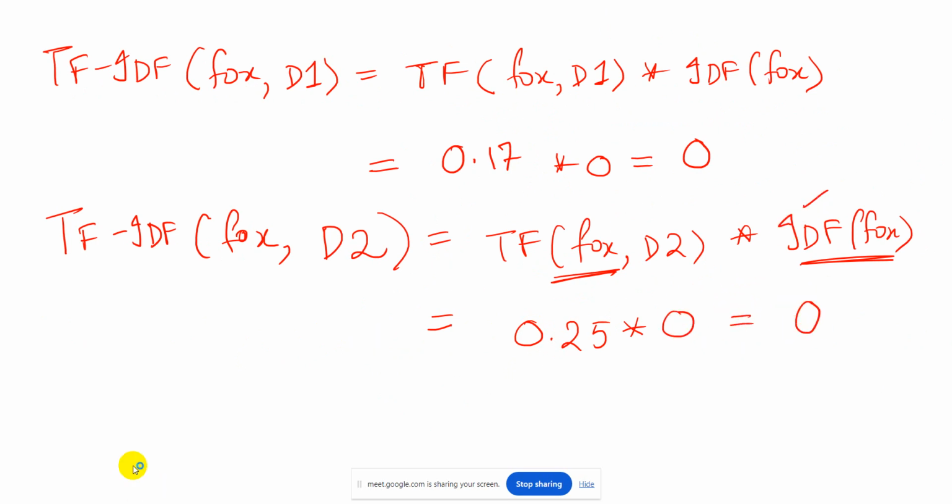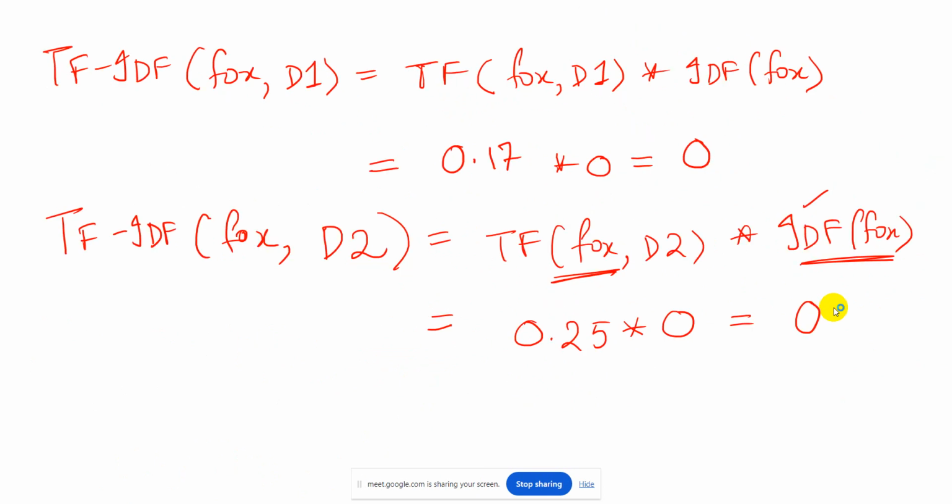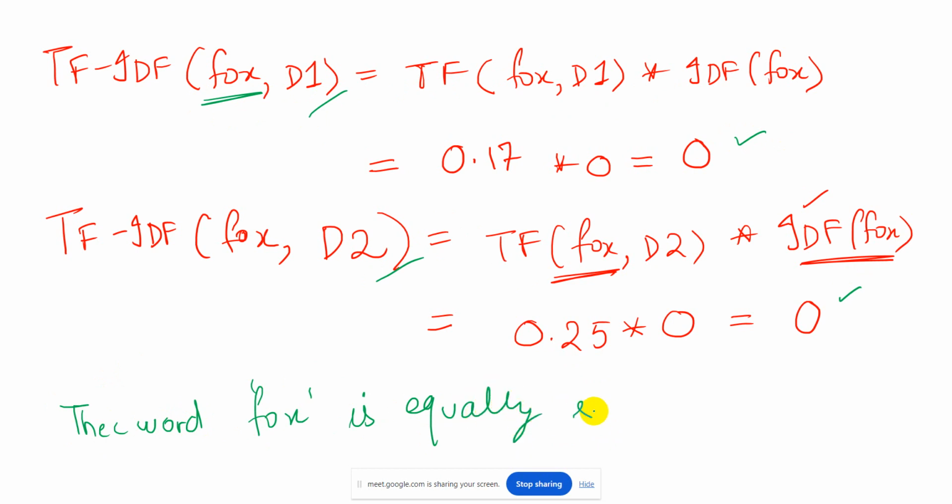So now the question asked you how the word fox is relevant to the corpus D documents. Always remember, if the TF-IDF value for a term T comes out the same for a particular word in both the documents, here it came out as 0, then you will write the word fox is equally relevant to the corpus D documents.